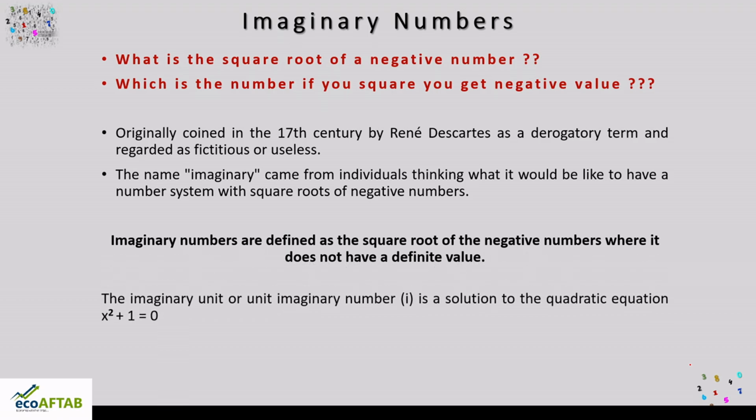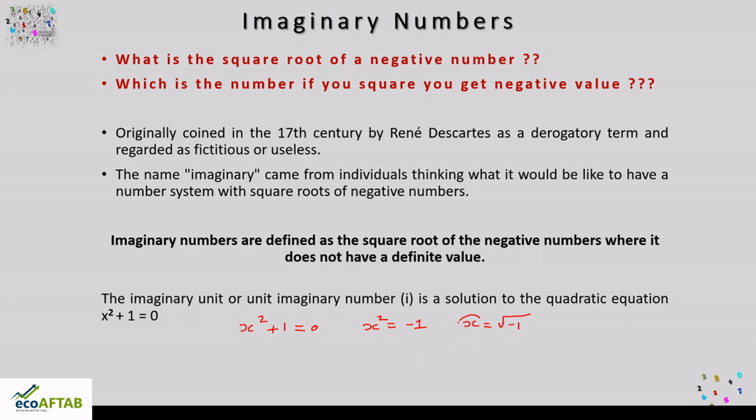Now let's see the imaginary unit, or unit imaginary number i. Here I am introducing one more notation, i. So, the solution of a quadratic equation. This is a quadratic equation: x square plus 1 is equal to 0, or you can say x square is equal to minus 1, or x is equal to the square root of minus 1.